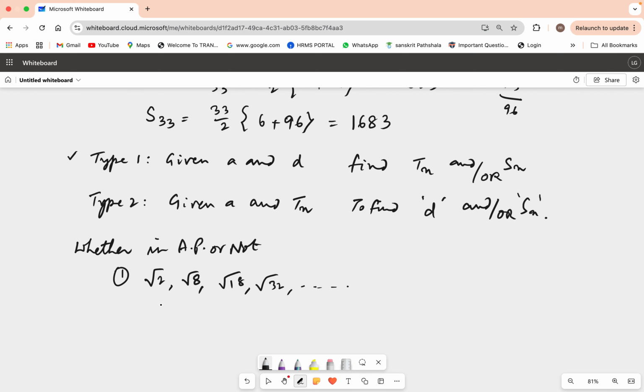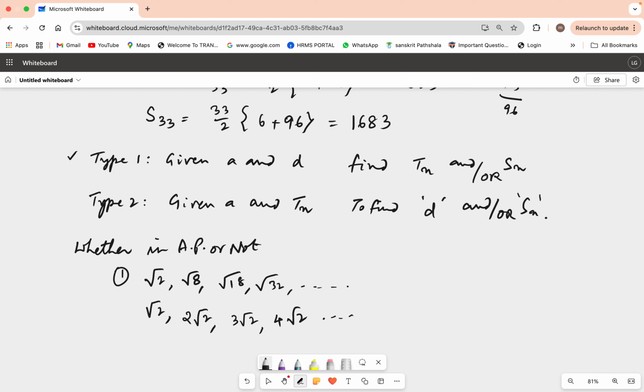So let us check. Root 2 we have to take as it is. Root 8 can be taken as 2 root 2, and root 18 can be taken as root of 9 into 2, and 9 can be taken out to make it 3 root 2, and root 32 can be taken as 4 root 2, and so on.